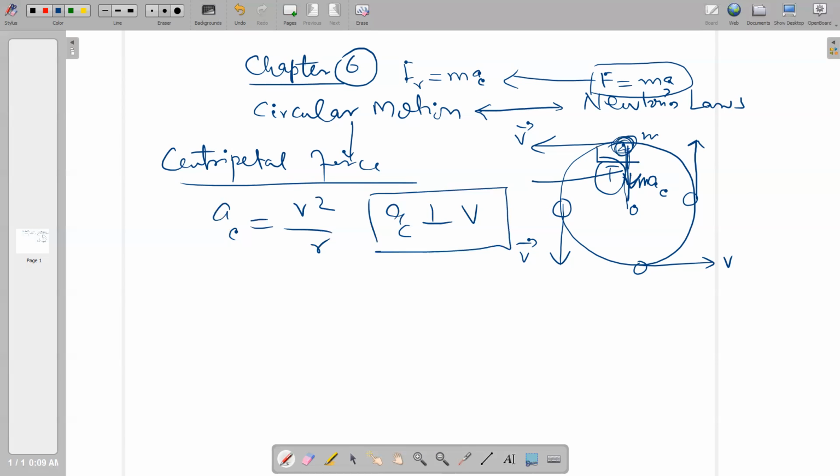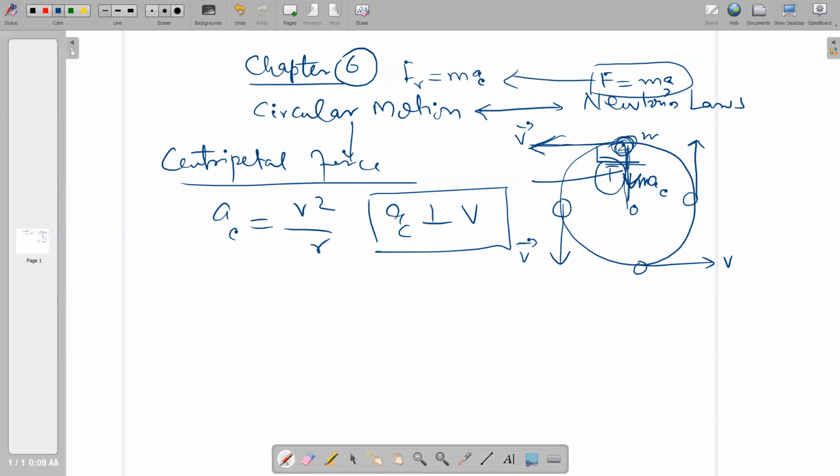Here I want to tell you that centripetal force is nothing but some other force is providing centripetal force to change the direction of this body. If we cut this string from here, then the body will move in this direction, in a straight line. This is the common life example.